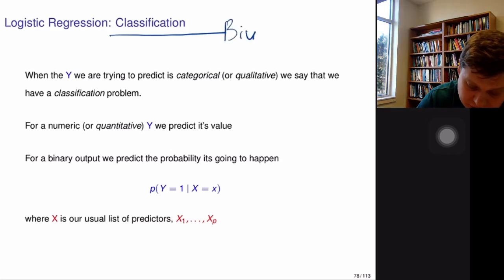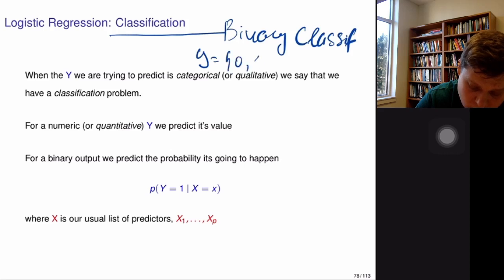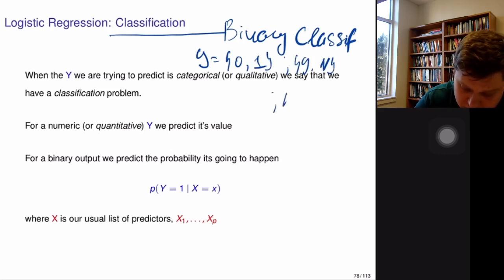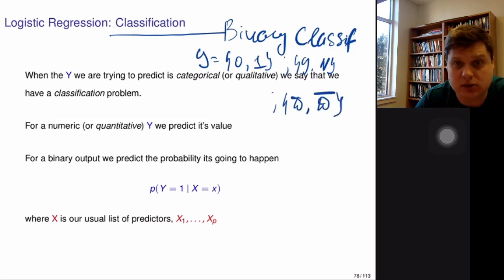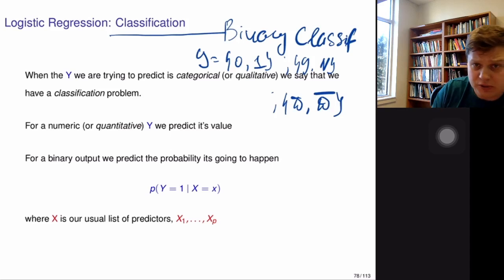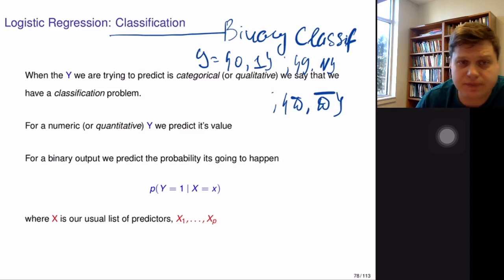So binary classification is y equals 0 or 1, or yes or no, or disease, no disease. So it just takes two possible values, regardless of how you name them. It's just the number of possible values that's important.